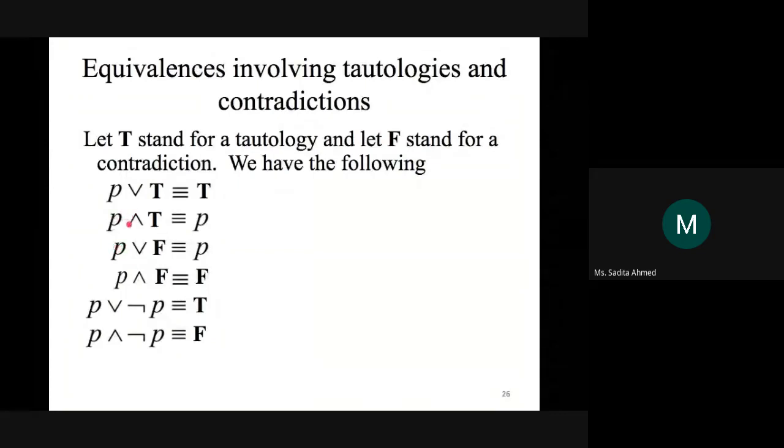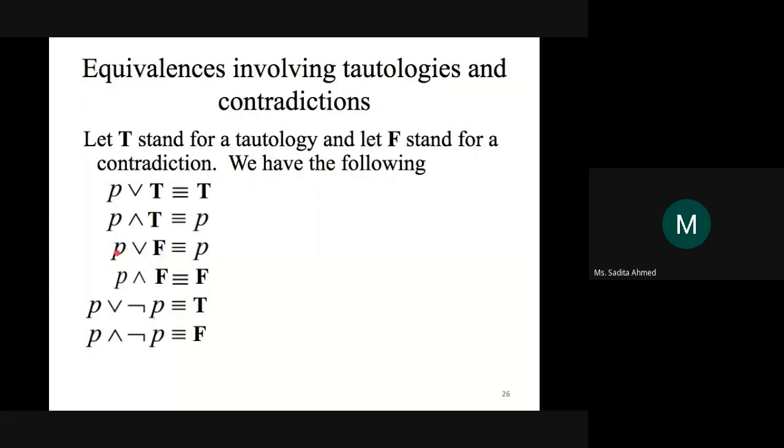Just like when you have P and true for an AND operation, if you have true on one of the sides, the truth value of the entire expression depends on the variable that you do not know about. It's just like that for OR and false: the truth value of the expression depends on the variable that you do not know about.